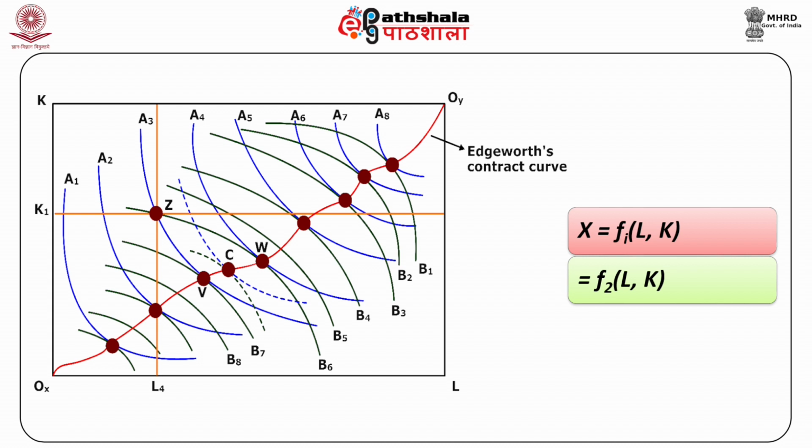We have already said that the blue isoquants represent the isoquants for the production of commodity X. On the other hand, we have another inverted axis which is representing the isoquants for the production of Y. Now these isoquants are given in black, and we have a family of isoquants which are coming virtually from top to bottom.